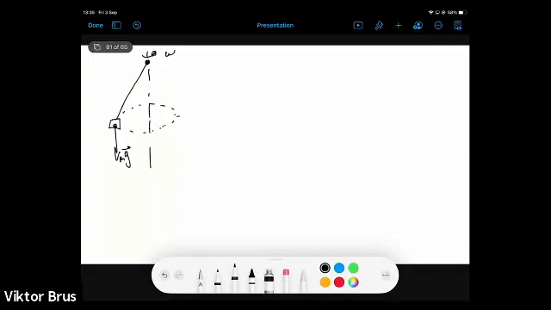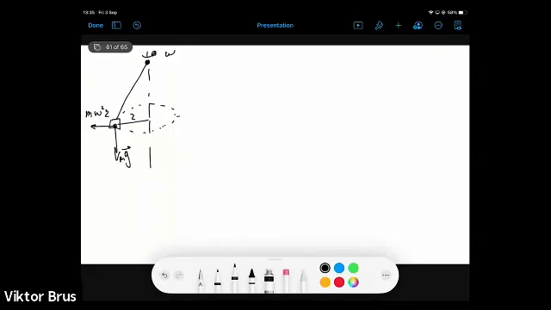Then, of course, we will have this centrifugal acceleration, and the force which we need to consider should be the centrifugal force acting here, which will be equal, from our previous discussions, to m times omega squared times r, where r is the radius of the circular trajectory.